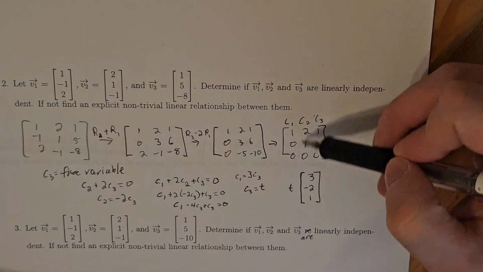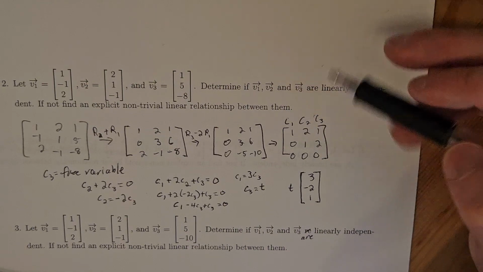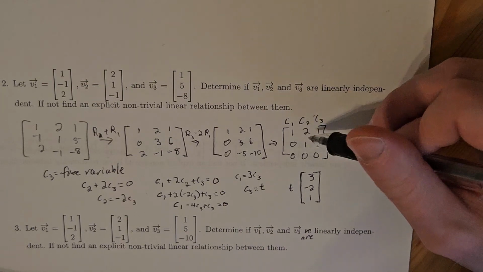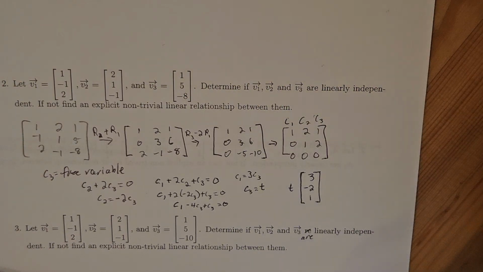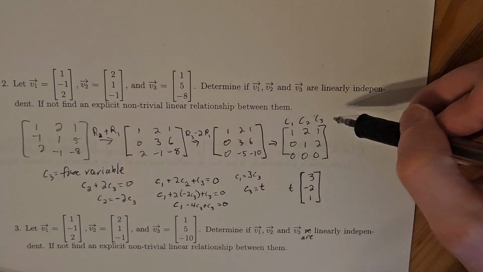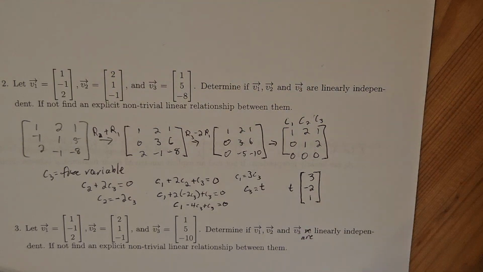From there, we can actually solve for a non-trivial vector that makes this linear combination equal to 0, right? If we get a non-trivial vector C1, C2, C3 that we multiply by this particular matrix to equal the 0 vector, then that's our definition of linear dependence, right?